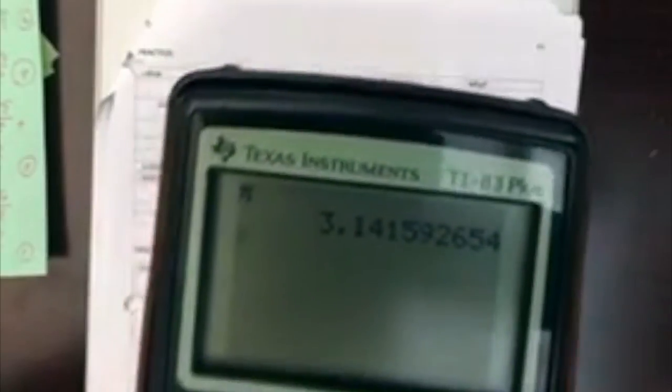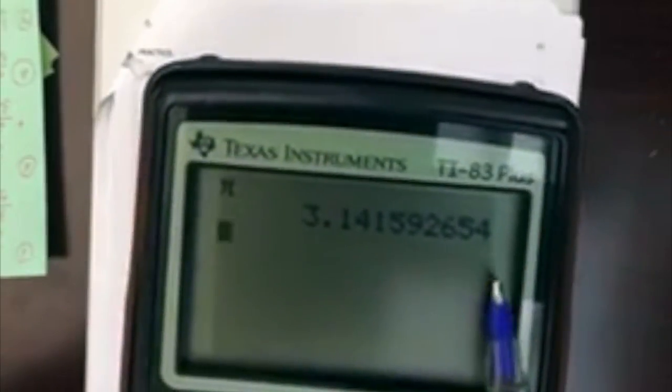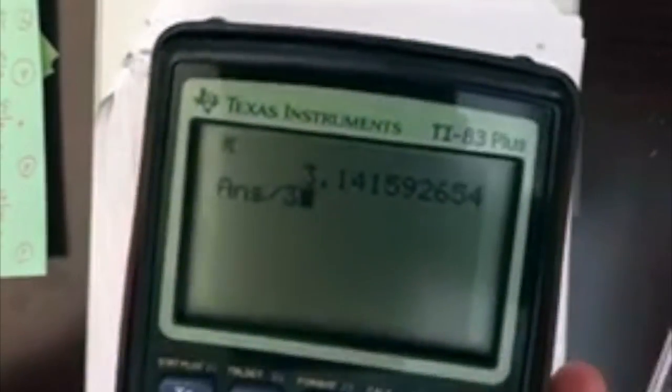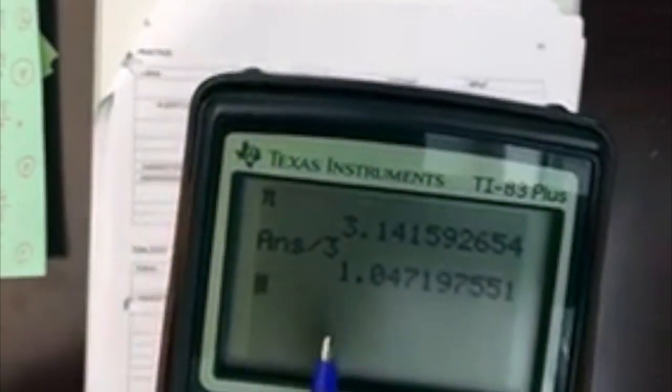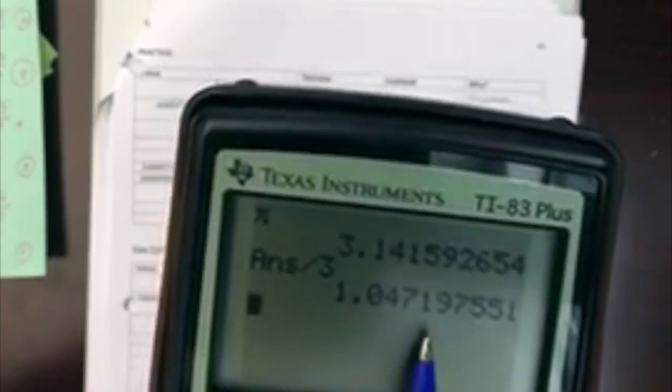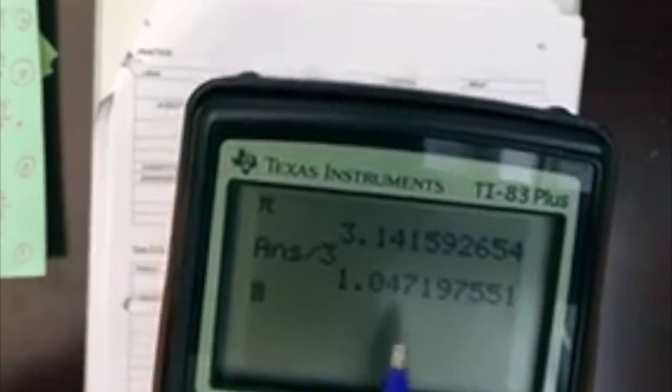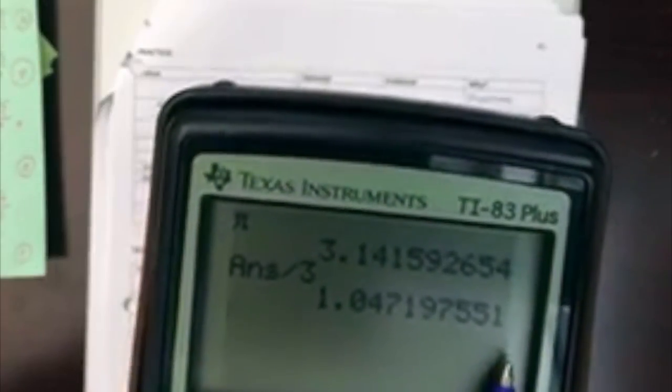So here we have pi. There's no pattern here. And if we divide it by 3, which is essentially what we're doing when we have a fraction, note that you have 1.0471975, and there's actually no pattern again.